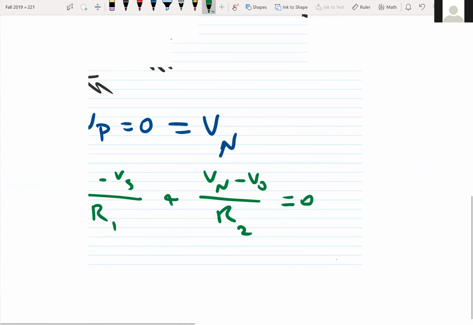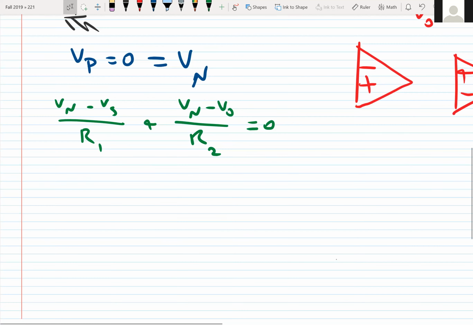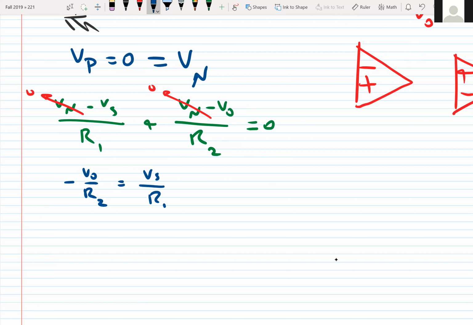Here we have our equation, (Vn minus Vs) over R1 plus (Vn minus Vo) over R2. And of course, we know that Vn is equal to 0. As a result, we can simply say negative Vo over R2 is equal to Vs over R1.